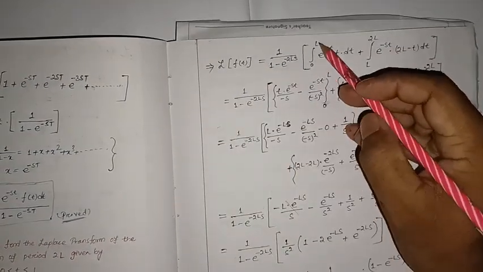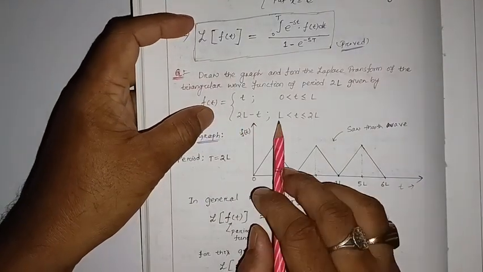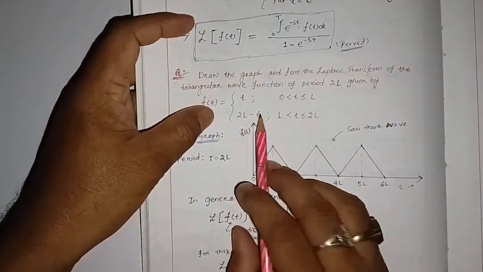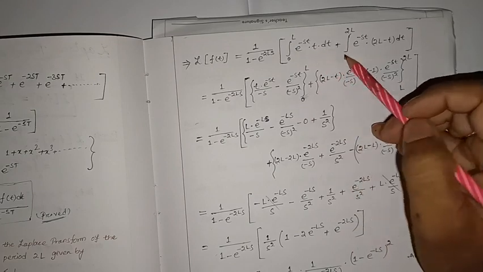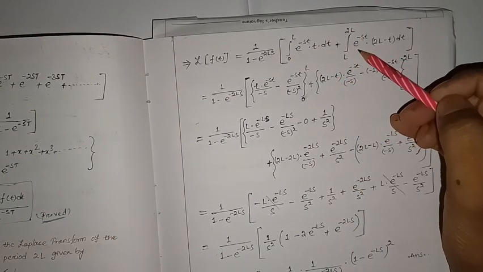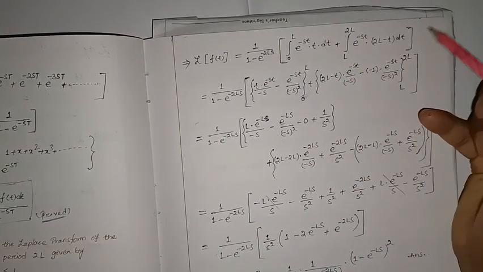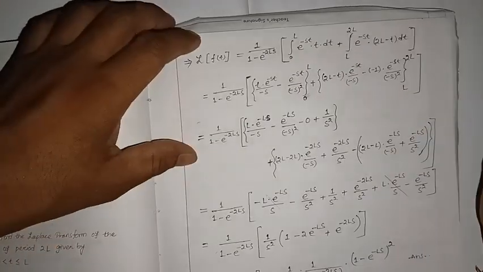In between 0 to L, f of t is t, and in between L to 2L, it is 2L minus t. So in between 0 to L, we have e to the minus st, f of t is t, dt, and in between L to 2L, e to the minus st into 2L minus t into dt.